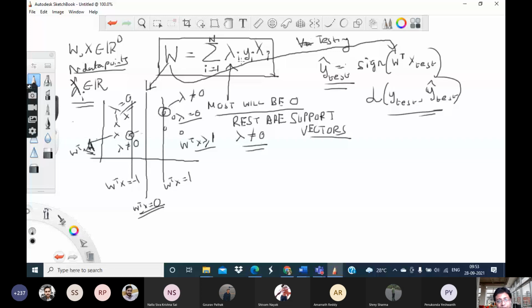So they are called support vectors. And this whole algorithm for classifying is known as the support vector machine, or SVM. Okay, so this is the story of the support vector machine.